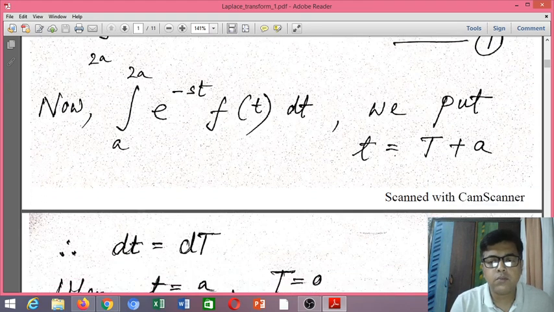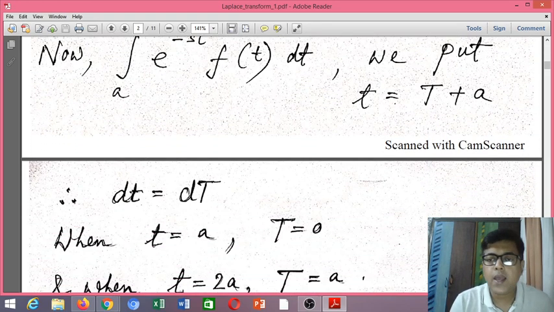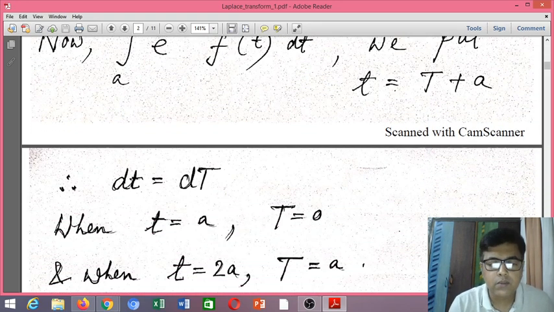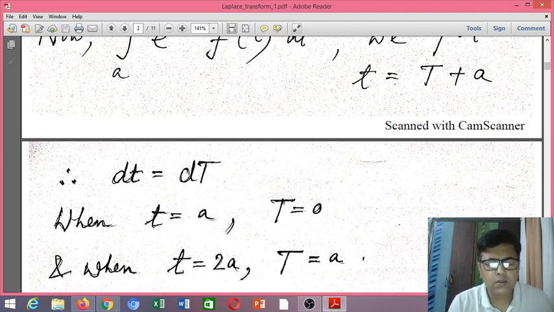If we do that, taking differentials on both sides, I get dt equal to d capital T. I find the limits of capital T: when small t is equal to a, capital T is equal to 0. When small t is equal to twice a, capital T is equal to a.